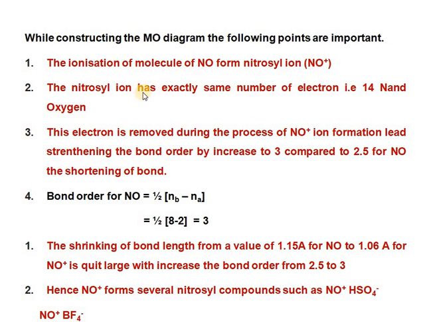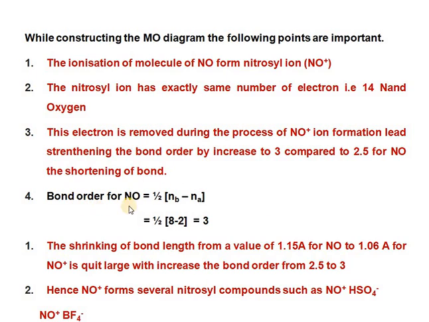By losing one electron, the nitrosyl ion has exactly the same number of electrons as nitrogen or oxygen molecules, that is, 14. This electron is removed from the antibonding orbital during the formation of the nitrosyl ion, which strengthens the bond and increases the bond order to 3 compared to 2.5 for nitric oxide, shortening the bond.